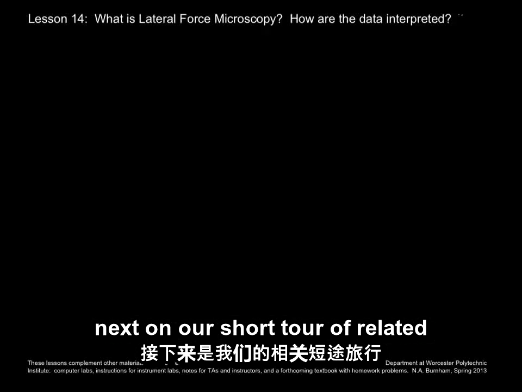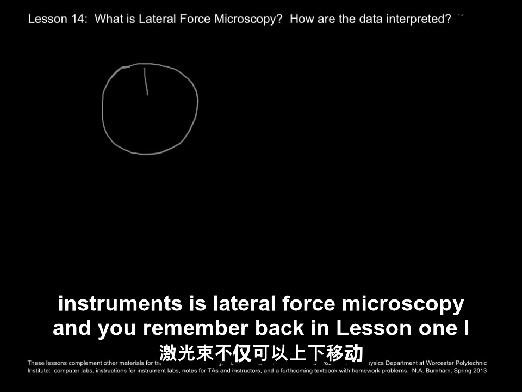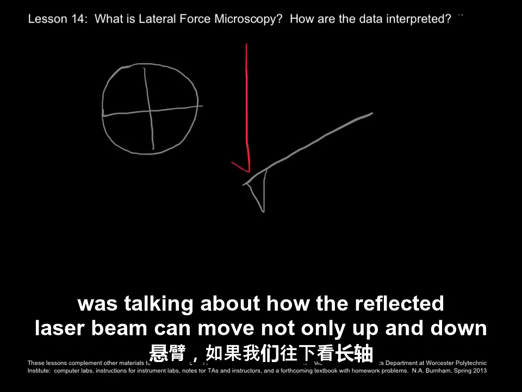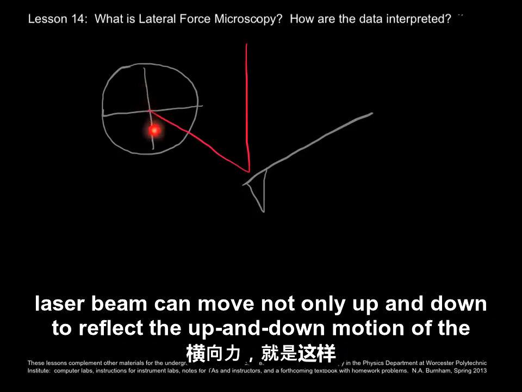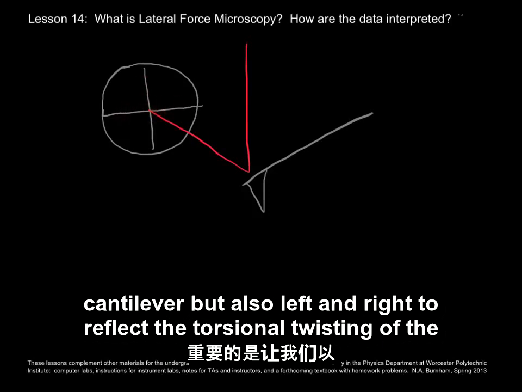Next on our short tour of related instruments is lateral force microscopy. And you remember back in lesson 1 I was talking about how the reflected laser beam can move not only up and down to reflect the up and down motion of the cantilever, but also left and right to reflect the torsional twisting of the cantilever.